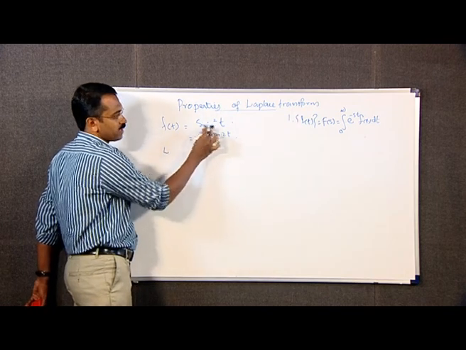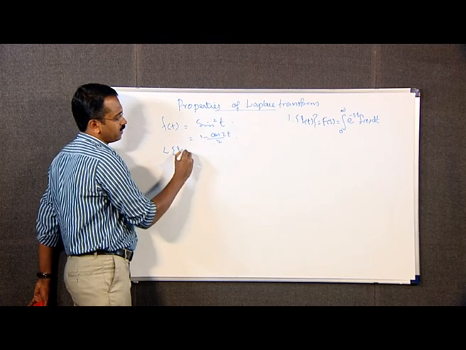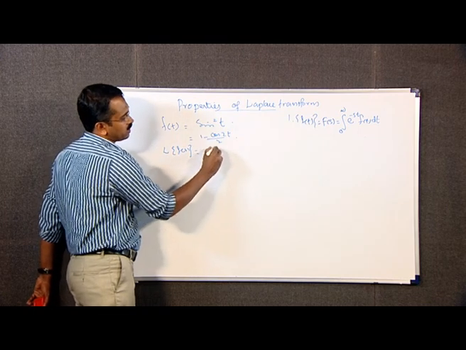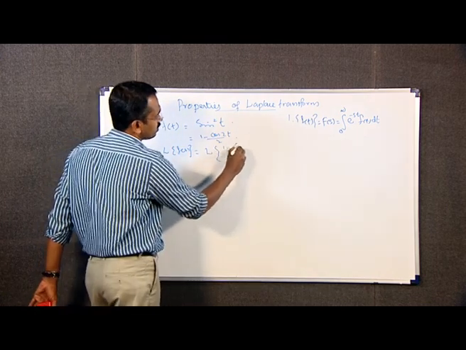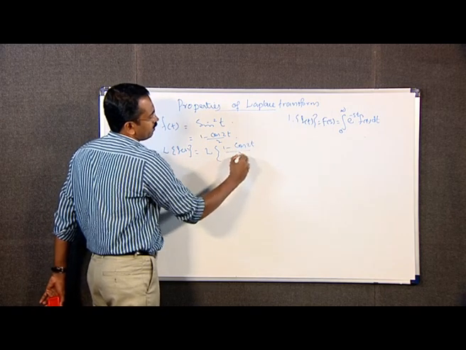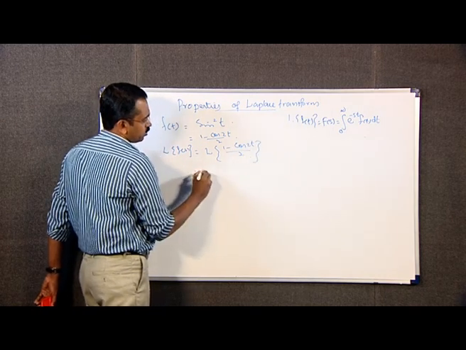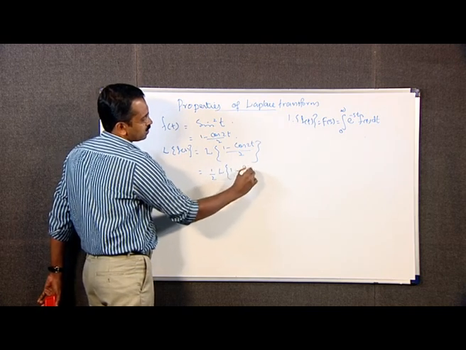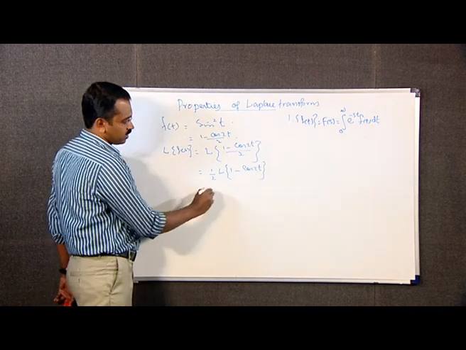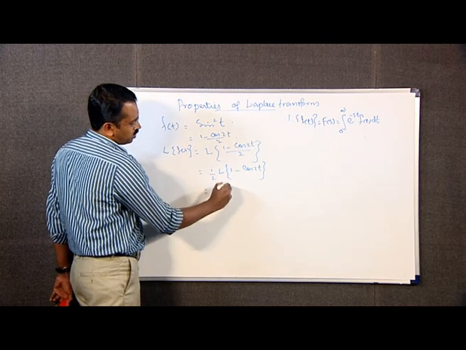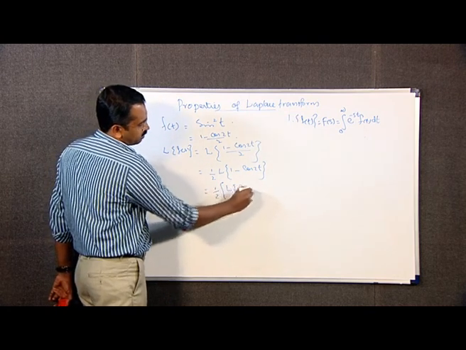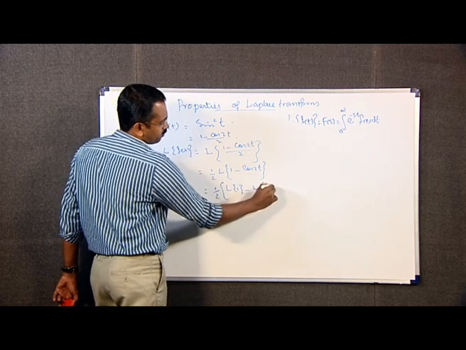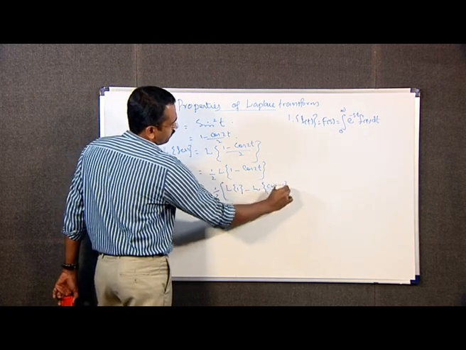Therefore, L of sin square t, that is L of f of t, is equal to Laplace transform of 1 minus cos 2t divided by 2, which is equal to 1 by 2 into Laplace transform of 1 minus Laplace transform of cos 2t.